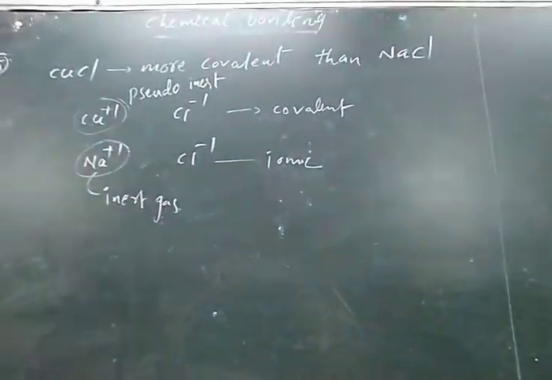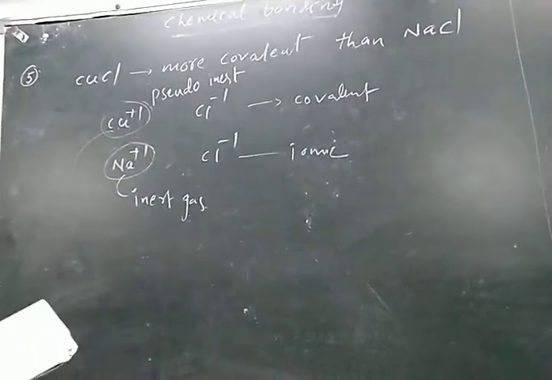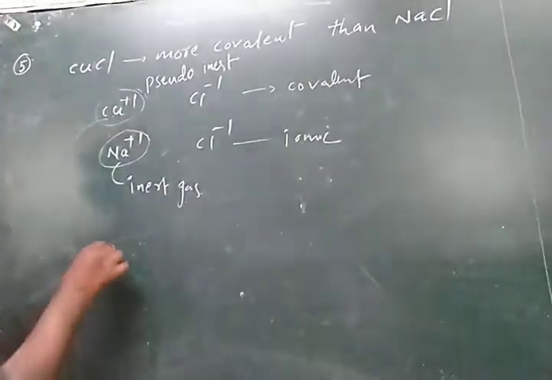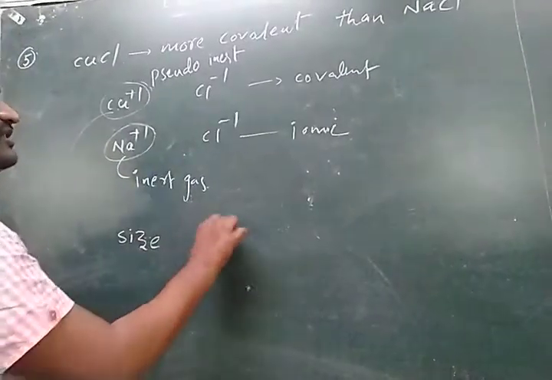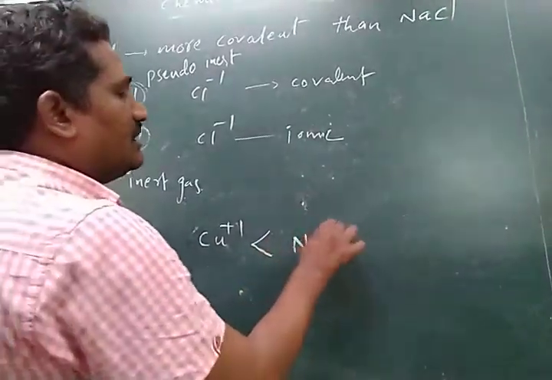That is the reason. And also one more reason: copper plus 1 has more polarizing power. Copper plus 1 size is less. If you observe the size here, copper plus 1 has a smaller size than Na plus 1.